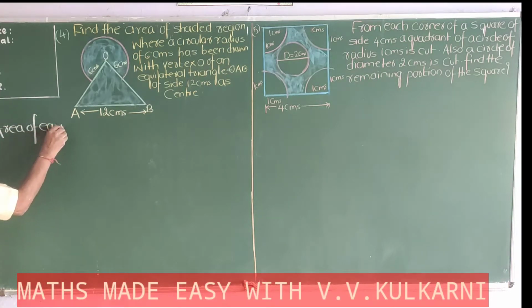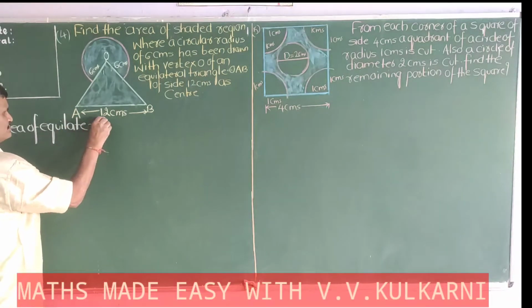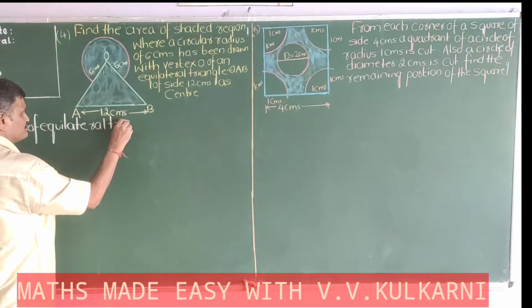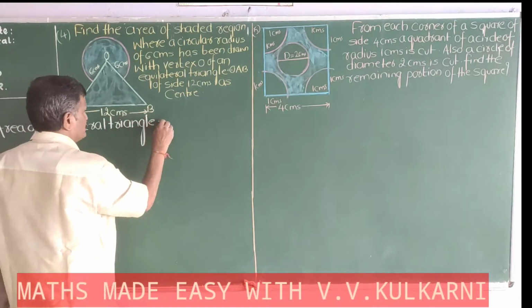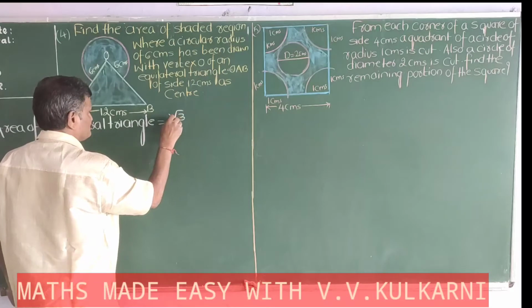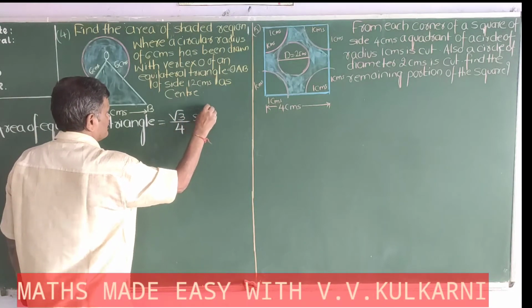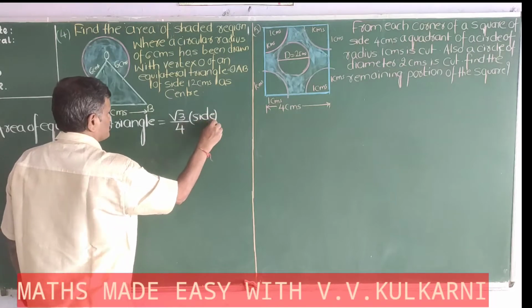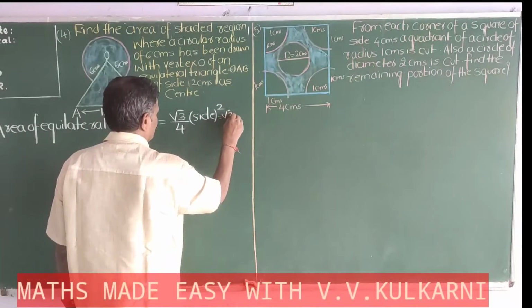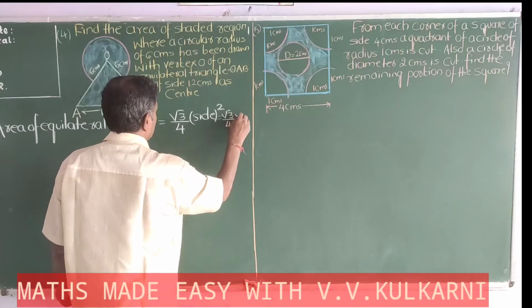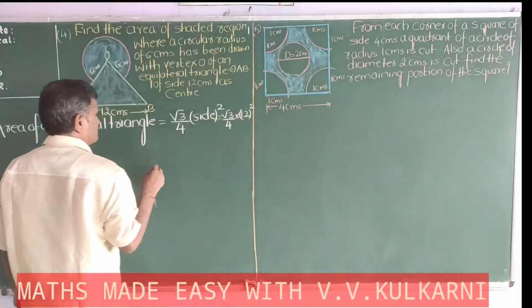The formula for the area of an equilateral triangle you know, children: root 3 by 4 into side square. So root 3 by 4 into side given to us, 12 square.